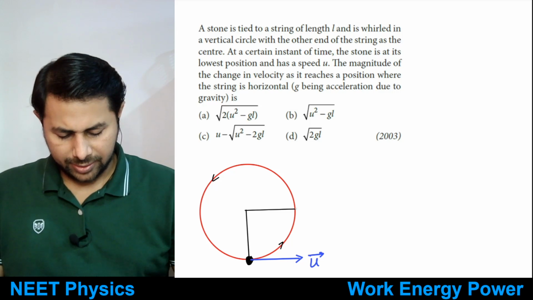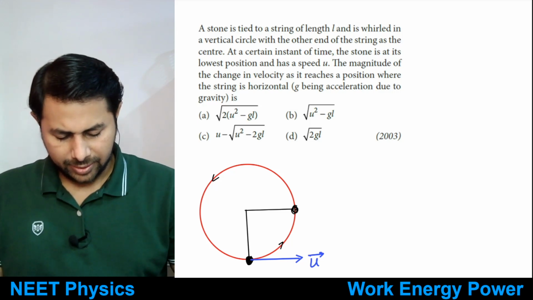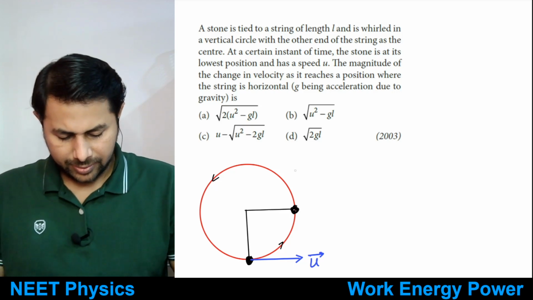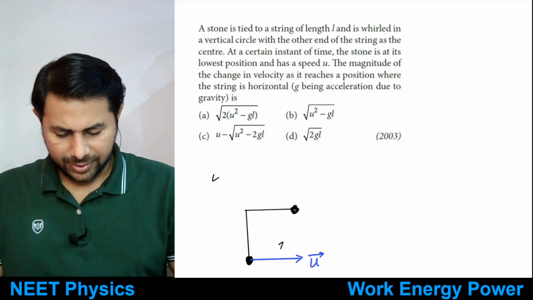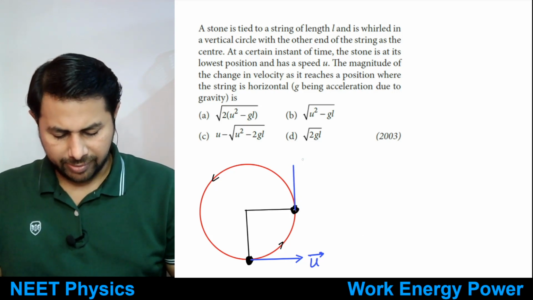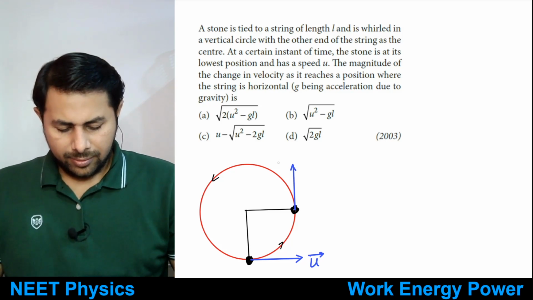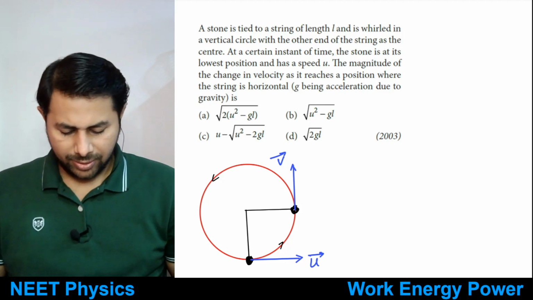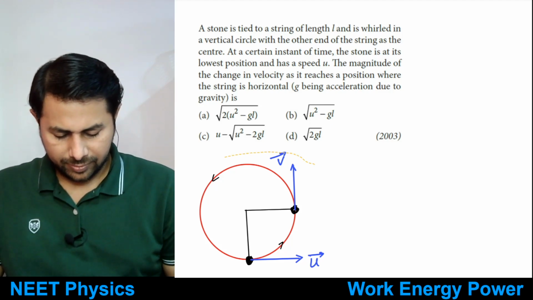When it goes to this point, the velocity will be directed upwards. It is always tangential, right? So suppose this is v bar, and what we want is the magnitude of change in velocity.